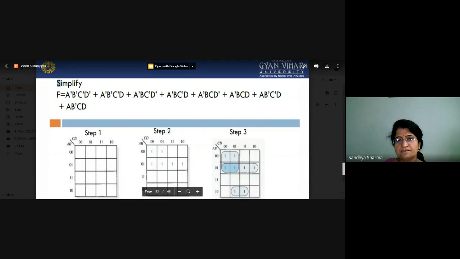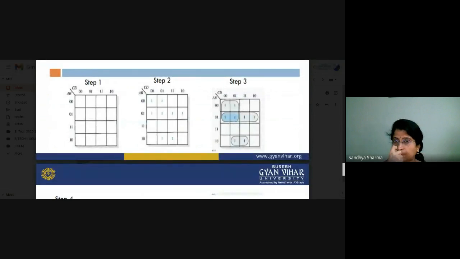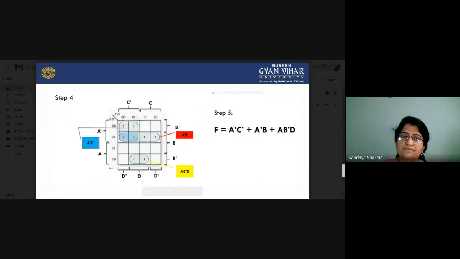So step 1, step 2, and now you have to make the groups. It will make a 4, another 4, and this one a 2. There is nothing more to combine with each other. You can make two quads and one pair. So I think it will be very simple for us. We can make a quad, make a group, and write an equation. So it is the simplest form of writing the equation. Just see here.